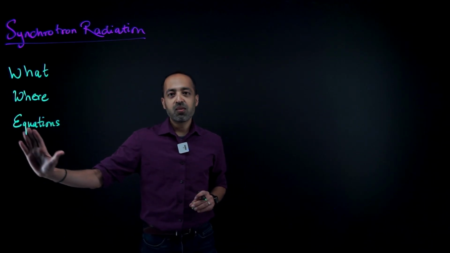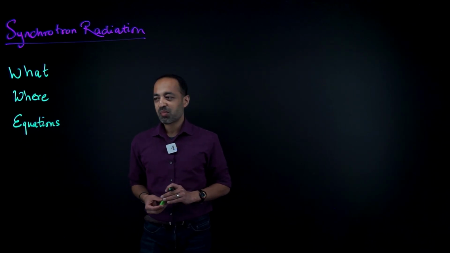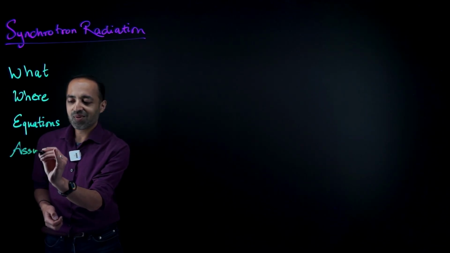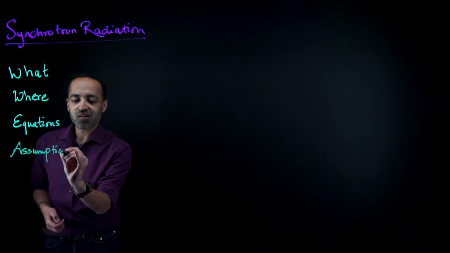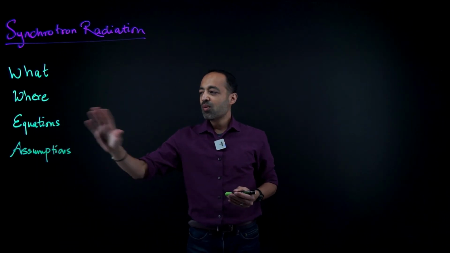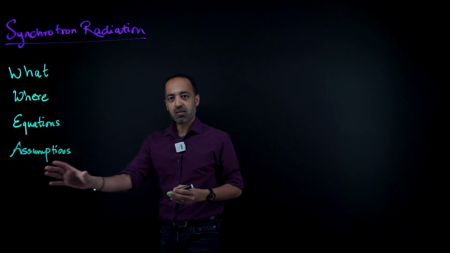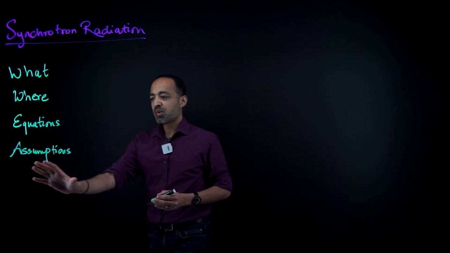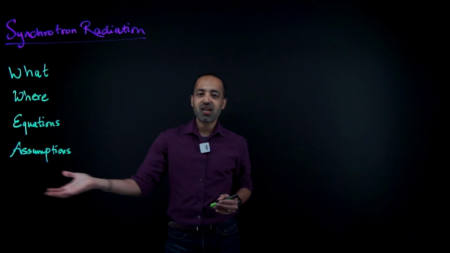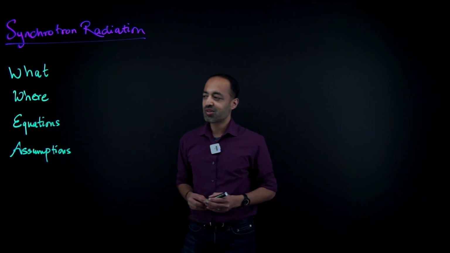Now, whenever using equations, it's all important to keep in mind what are the regimes of validity. And for that, we need to know what the assumptions are that went into deriving those equations. And as we go through, we'll keep those things in mind. We'll state those explicitly, because of course, in any given physical situation, if you are outside of those regimes of validity, then you cannot use those equations.